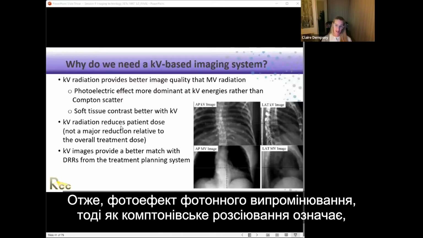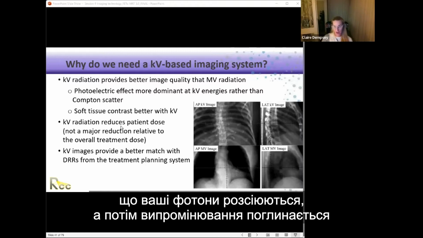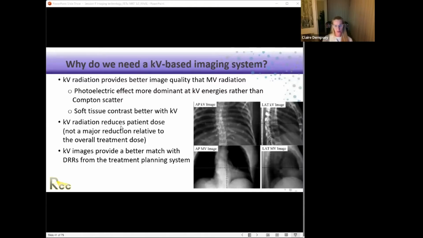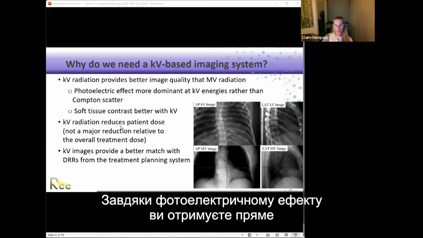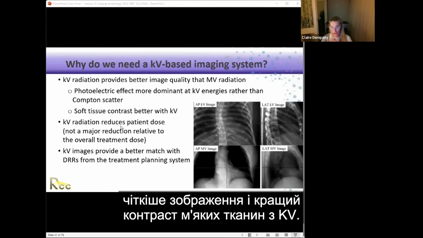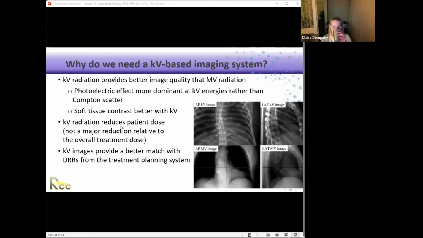The photoelectric effect is the direct absorption of photon radiation, whereas with Compton scatter your photons are scattered and then radiation is absorbed from the scattered radiation. So with the photoelectric effect, you're getting direct radiation absorption, so you get a much clearer picture and better soft tissue contrast with KV.